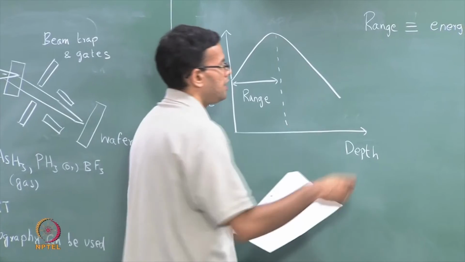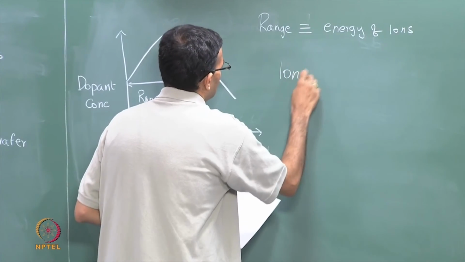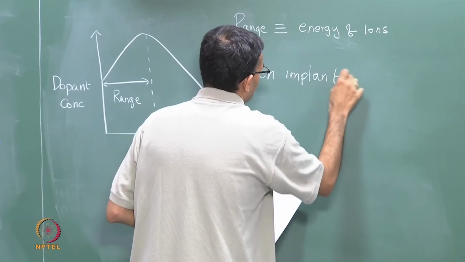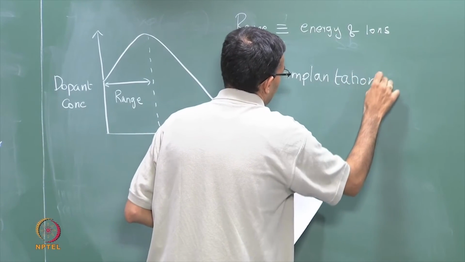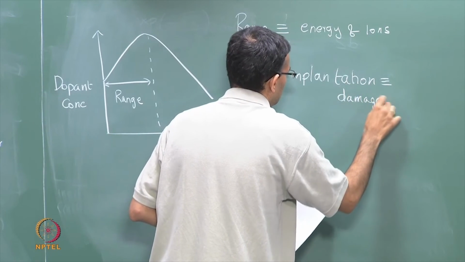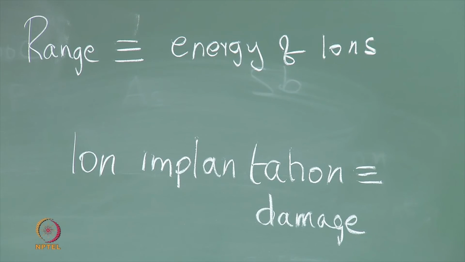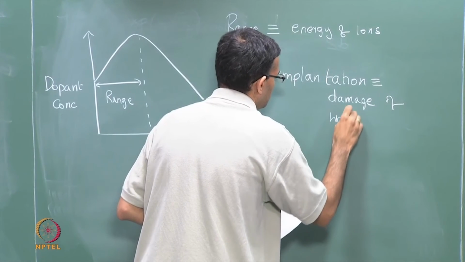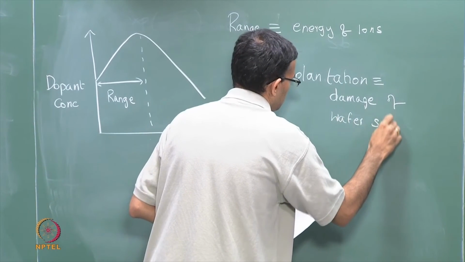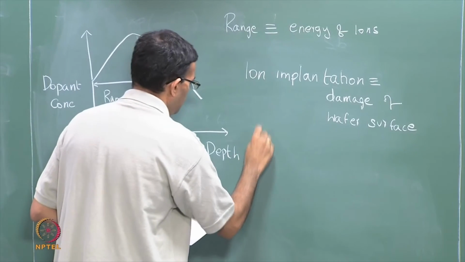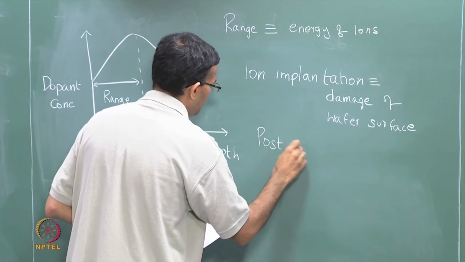Usually ion implantation leads to some sort of a thermal damage to the crystal. This is because you are impinging the crystal surface with high energy ions, so it leads to damage of the wafer surface. So ion implantation is always followed by some post annealing.